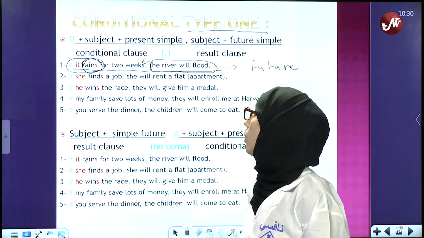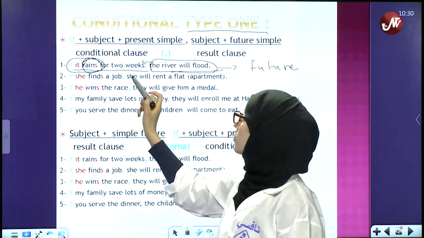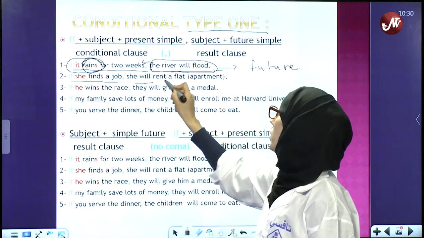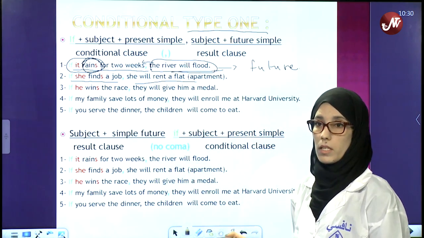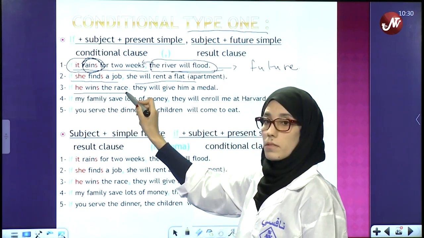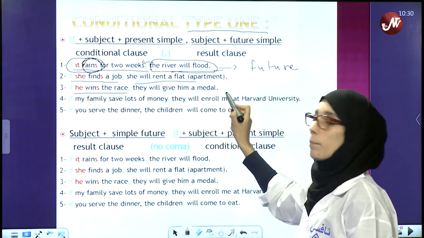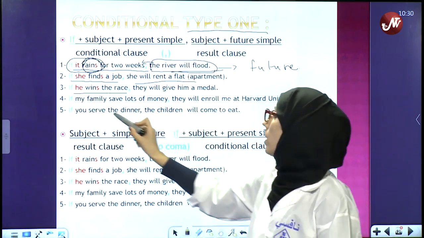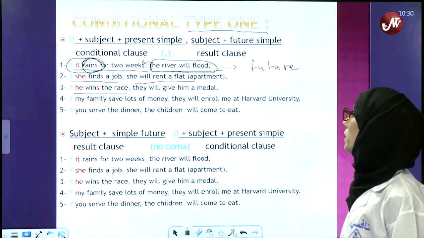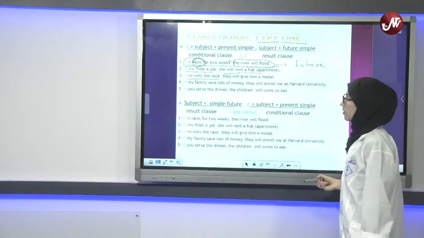Conditional type 1. So, another example: if she finds a job, she will rent a flat. It means an apartment. If he wins the race, they will give him a medal. If my family saves lots of money, they will enroll me at Harvard University.